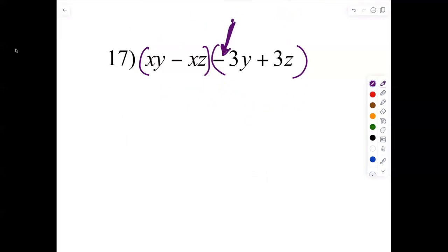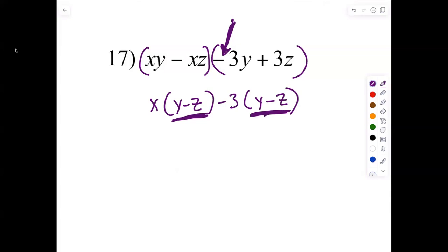So what's common in the first one? x, left with, and factoring out a negative, left with y minus z. These two things right here will and must be the same. And now when you pull that out, y minus z.